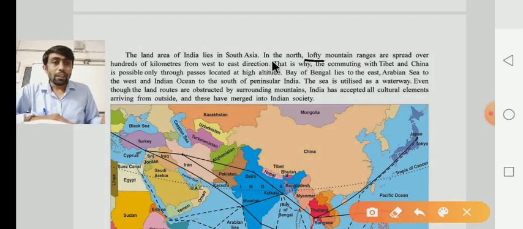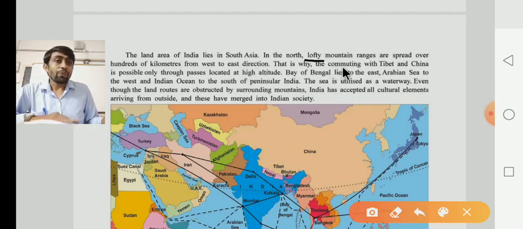In the same way, in the northern part, lofty mountain ranges are spread over hundreds of kilometers, this whole area spreading from west to east direction.